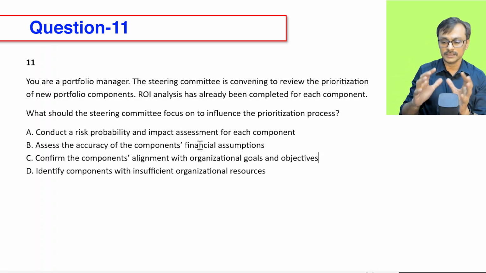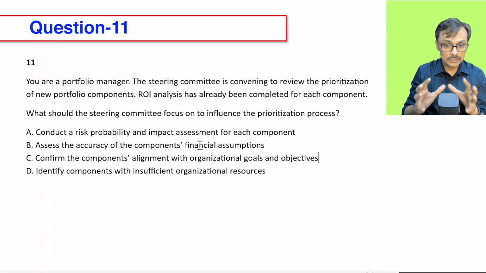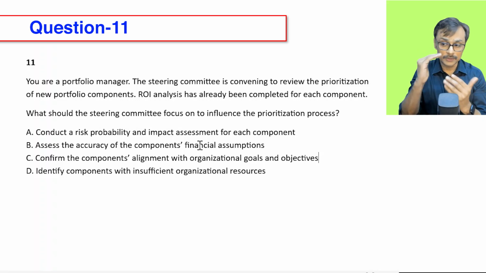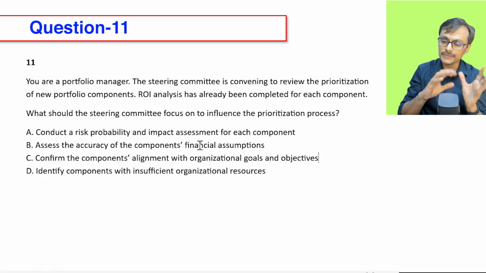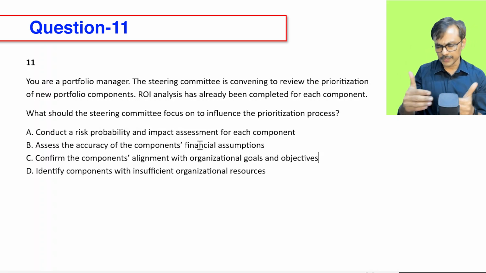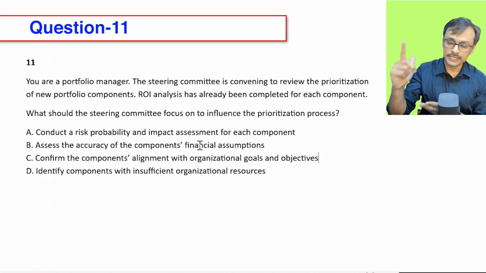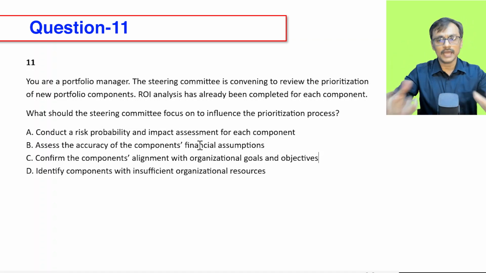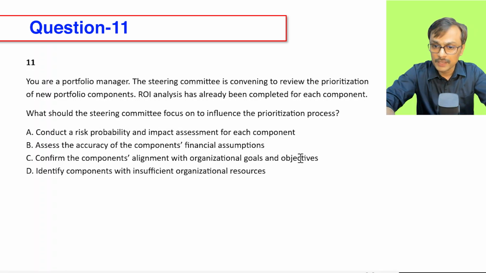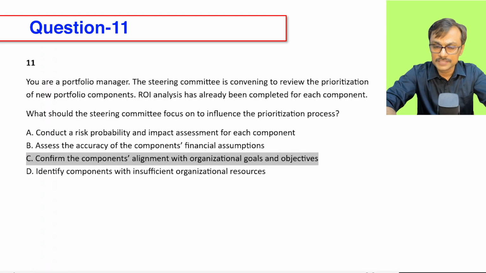They look at it and probably want to apply their strategic thinking because they have a bigger view than a portfolio manager. Then they ask, is it following the prioritization model which we agreed upon? Is it something which is really advancing our portfolio and our organization strategy? It keeps the alignment and we go with that. So it is easy to conclude option C in this particular case because it helps us in ensuring the alignment.